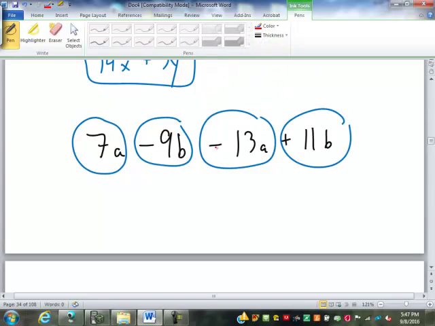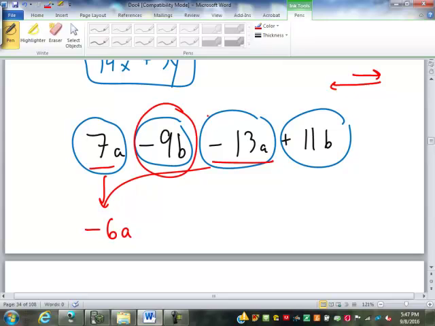So when we go to combine things here, we have 7a and a negative 13a, which makes what? Negative 6a. Positive 7, negative 13, we end up at negative 6. Now we have negative 9b and 11b.